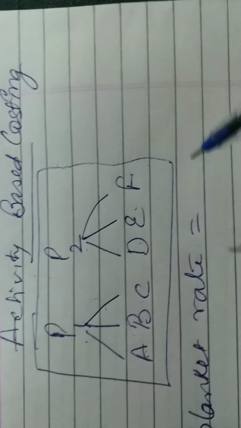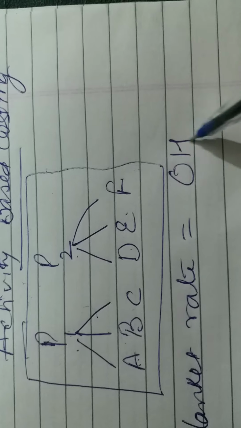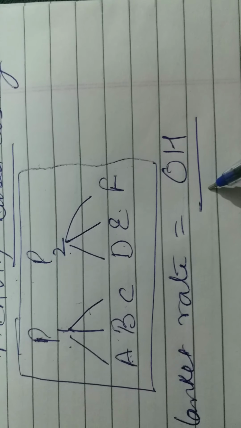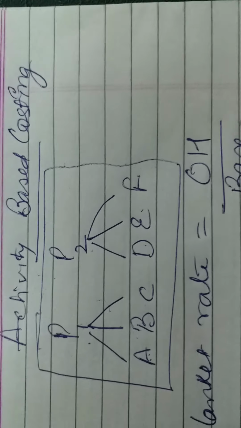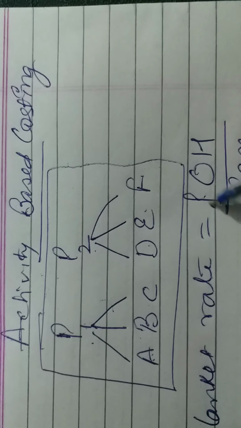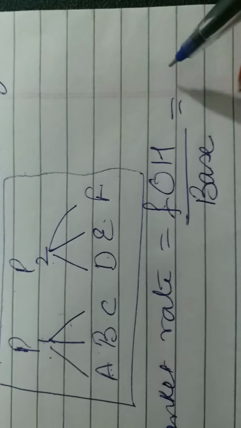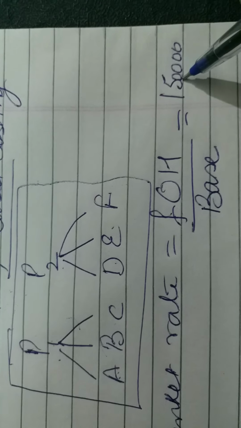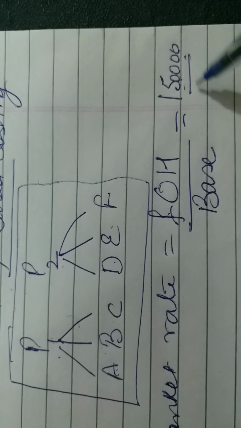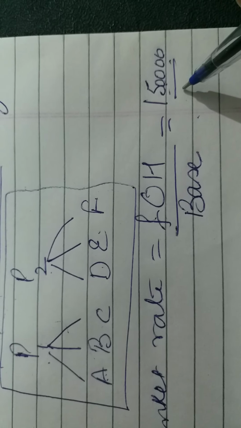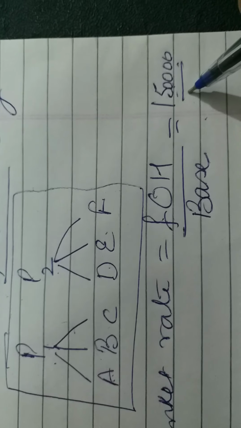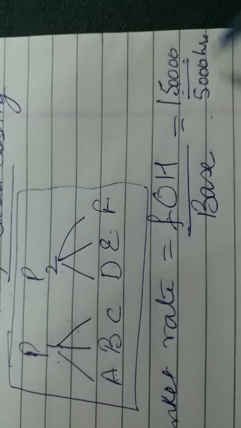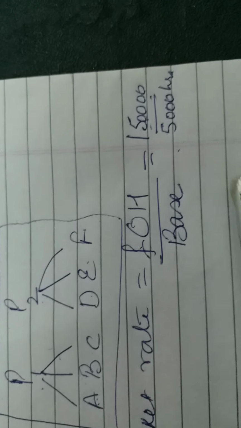It said that you take the whole overheads of the factory and divide them by a base. Let me take an example. Suppose the whole factory overheads were 1,50,000, and the base we used was labor hours, let's say 5,000 labor hours.